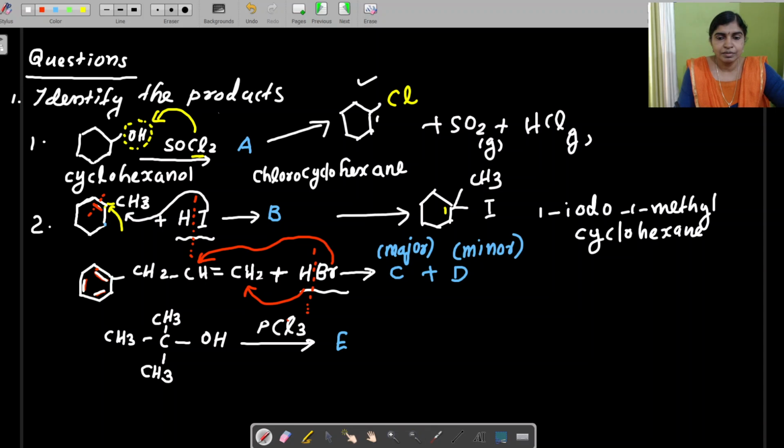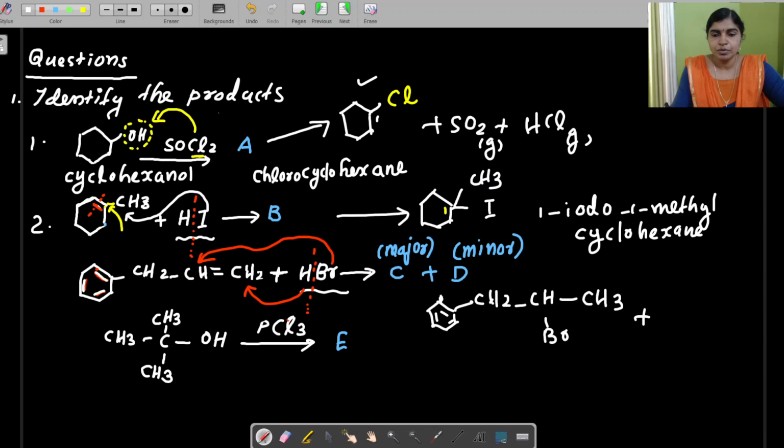There is no change for this part. That is as such. And here you can give the grouping CH2, CH, to that the bromine. Here the bromine. And here this becomes single bonded. And here it becomes CH3. Okay. Plus, that is the major product, so that is C, and there is a minor product also.